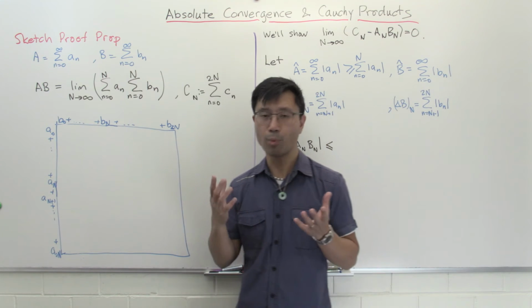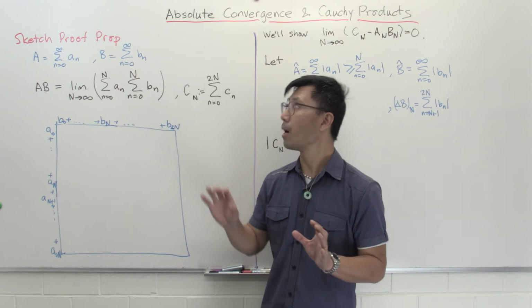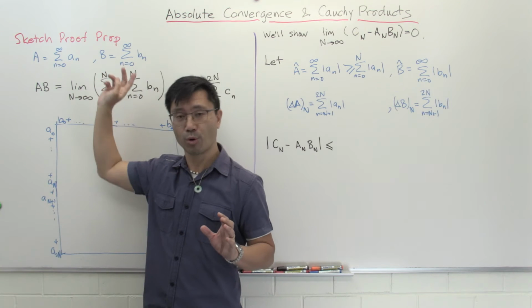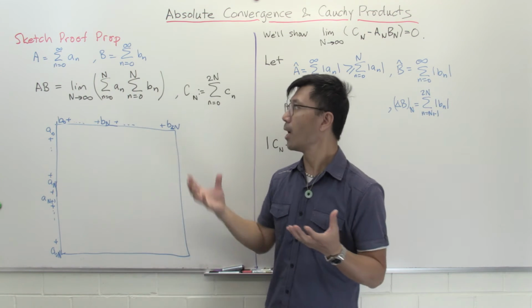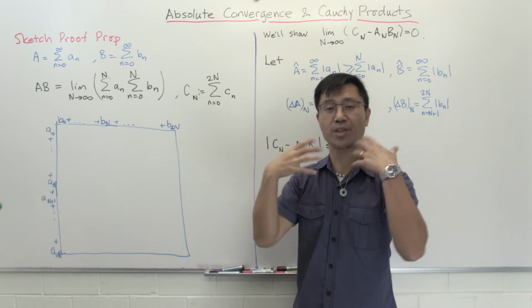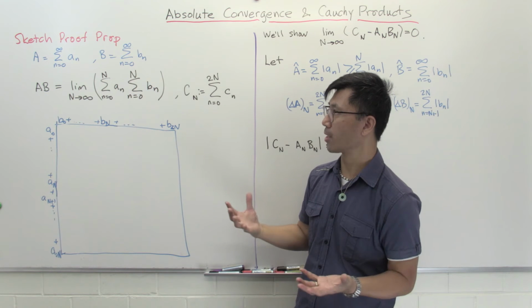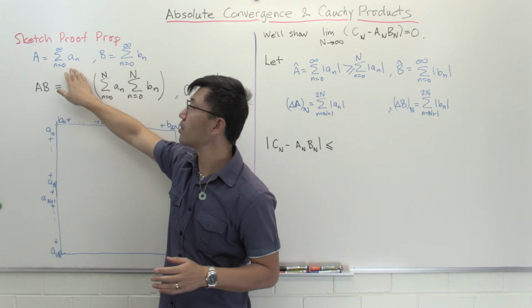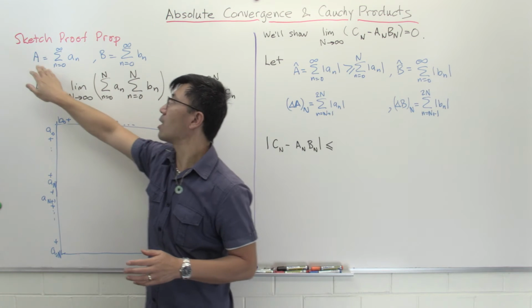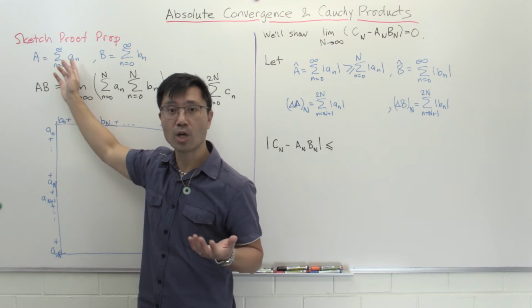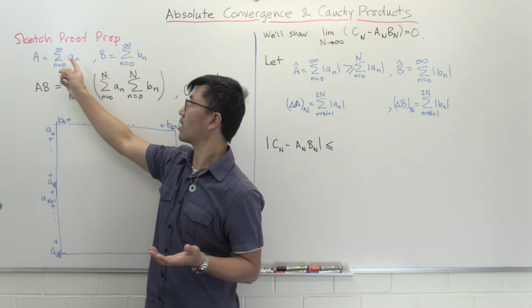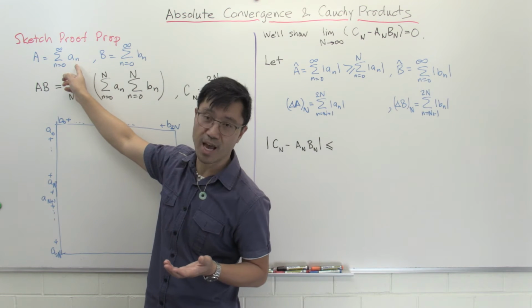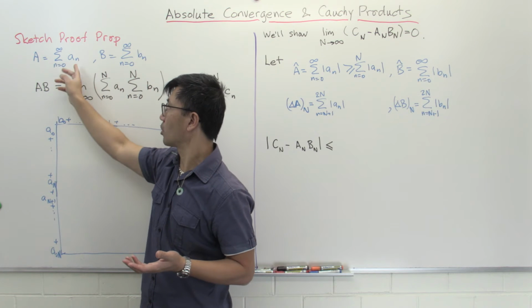Now the proof of this proposition is a little bit fiddly, but I will sketch this proof for you because it shows some important ideas about how to think about such products. Okay, so let's revise our notation. So we have some infinite series here of these A_n's, which sums to A, and it's also absolutely convergent in the sense that the sum of the absolute values of these A_n's also converges.